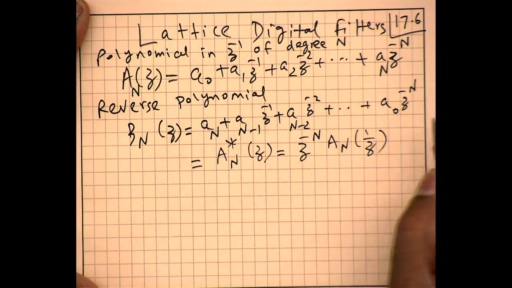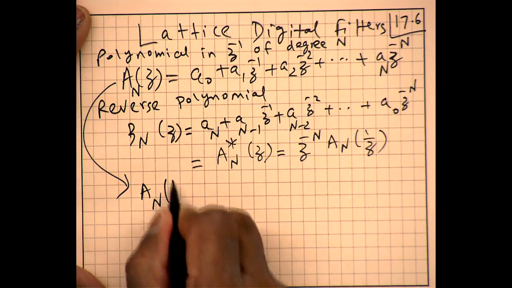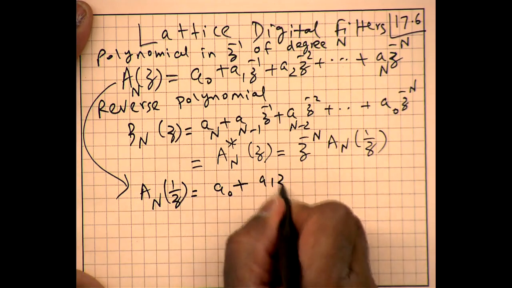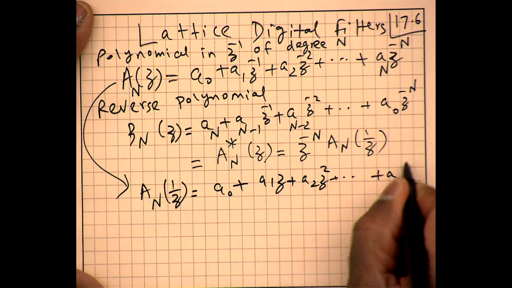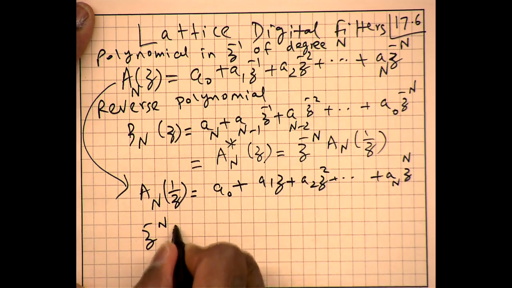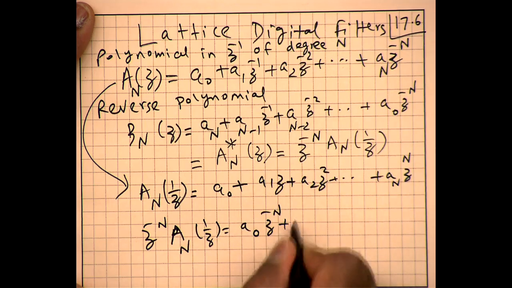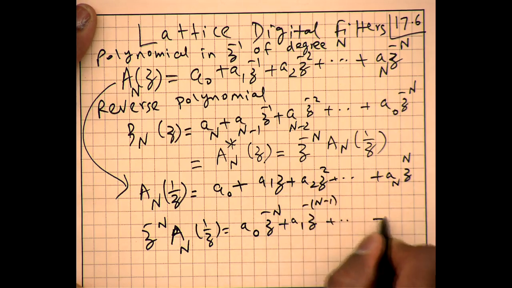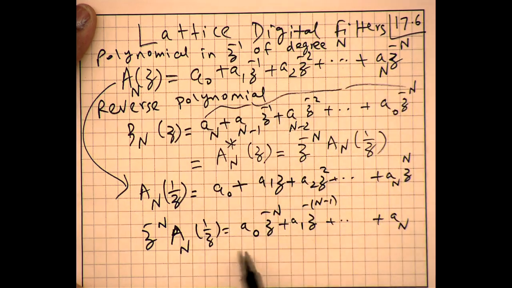So the way we get this polynomial, start with An. An(1/z) will be a0 plus a1 z plus a2 z squared up to an z to the power n, and then multiply that by z to the power minus n, which gives a0 z to the power minus n plus a1 z to the power minus n plus 1 and so on up to an, and that's exactly what we wrote down as Bn.